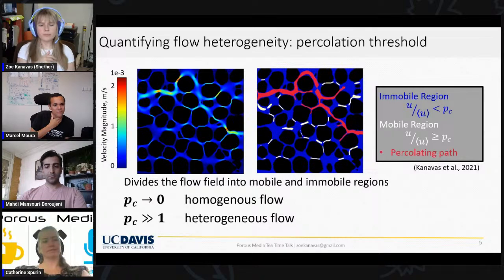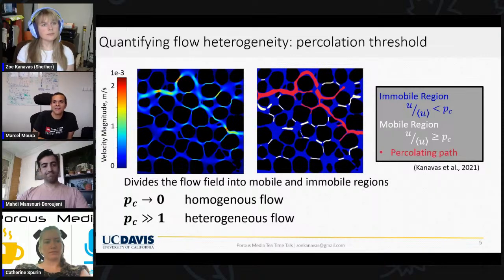When we do that, we have only one point or one pixel in our entire medium that falls into this mobile region. We iteratively lower that percolation threshold until we find a continuous region from the left to right, the inlet to the outlet boundary. That is the indicator that we stop this iterative search and decide that that is our percolation threshold.